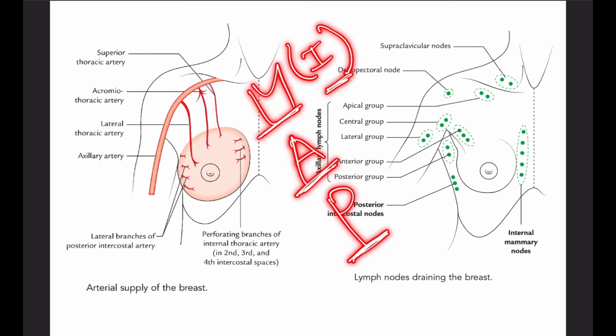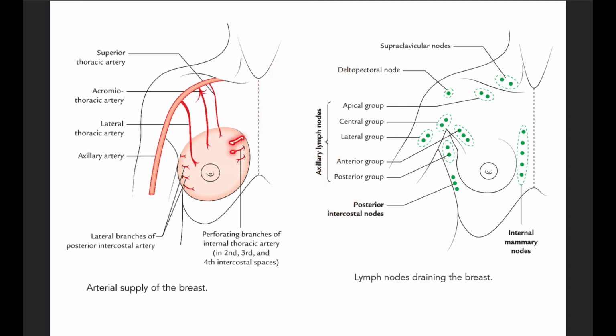The internal thoracic artery gives perforating branches which pierce the second, third and fourth intercostal spaces. The axillary artery gives the lateral thoracic, acromiothoracic and superior thoracic arteries, and the posterior intercostal arteries give lateral branches.